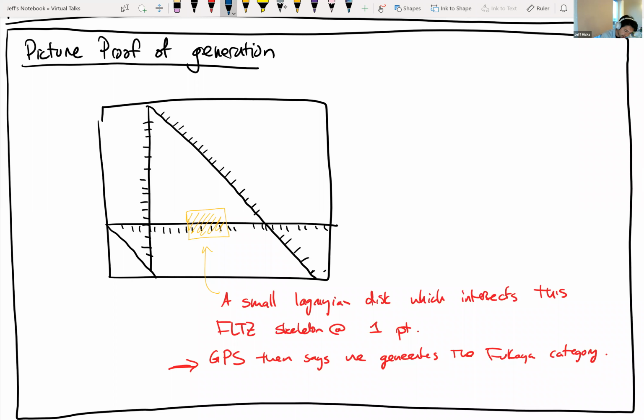The method for building the disk is the following. We start by taking a tropical Lagrangian.